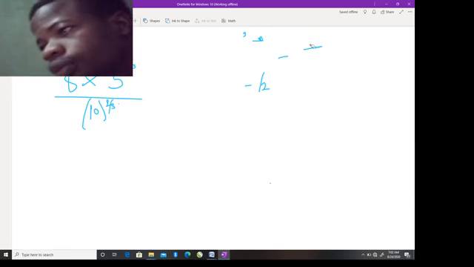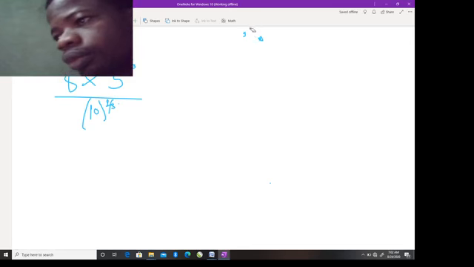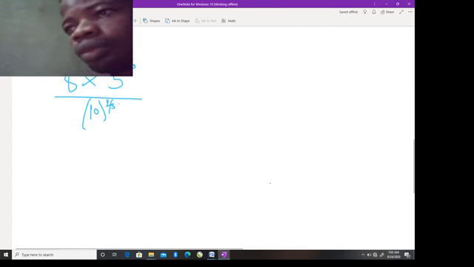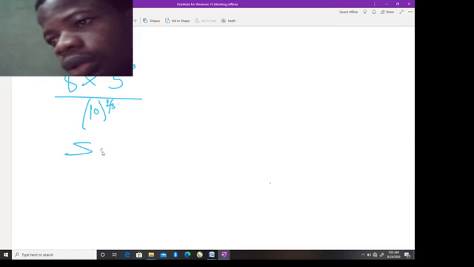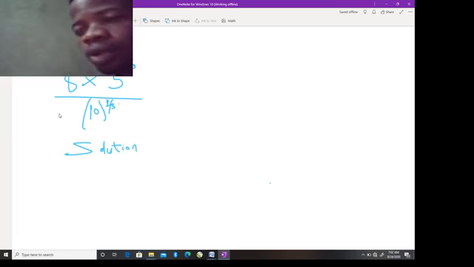So we solve. If you are solving, following the laws of indices, look at this: 8 raised to the power 1 over 3, then you have 5 raised to the power this, when you have at the denominator 10 raised to the power something.